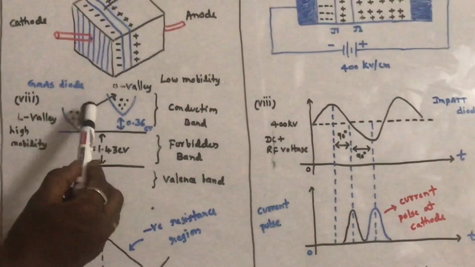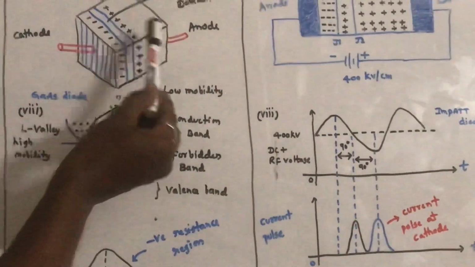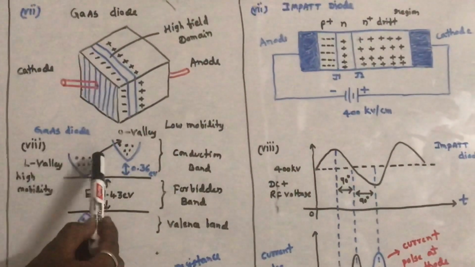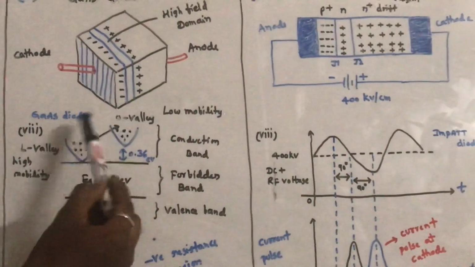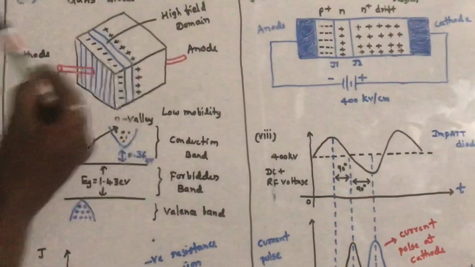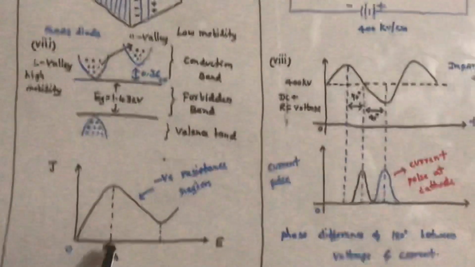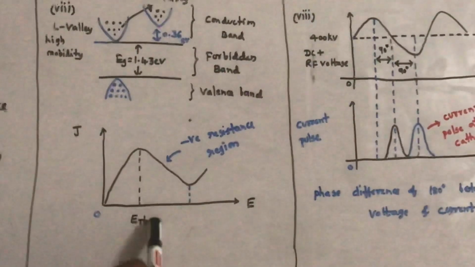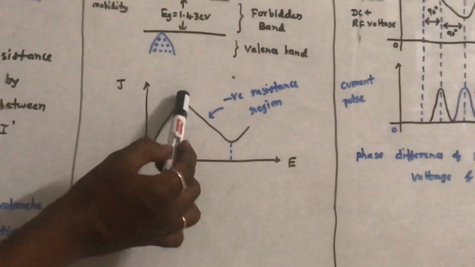Now you can see that when the electric field across the gallium arsenide diode exceeds a particular threshold value, the electrons transfer from the lower valley to the upper valley. Due to this mechanism, this device starts exhibiting negative resistance characteristics, which is shown here. Up to a particular threshold electric field, the current density increases with the electric field.